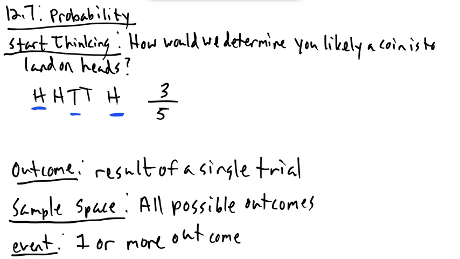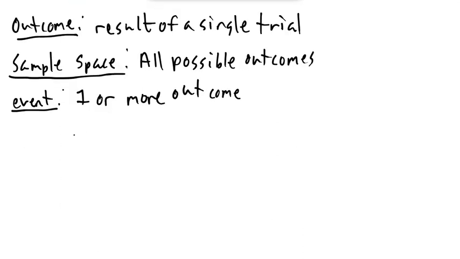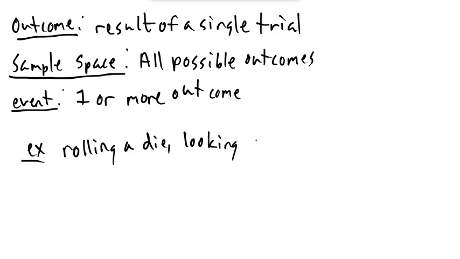All right, so let's take a look at some of these. Let's take another example. Now let's say you're rolling a die and you're looking for an even number. Now, what are the outcomes for rolling a die?